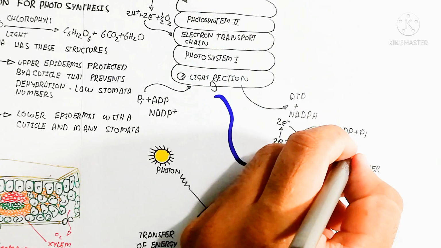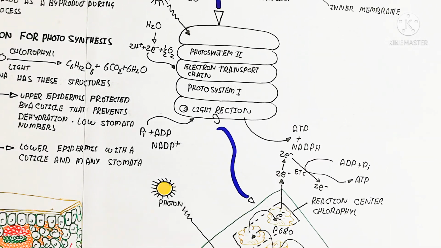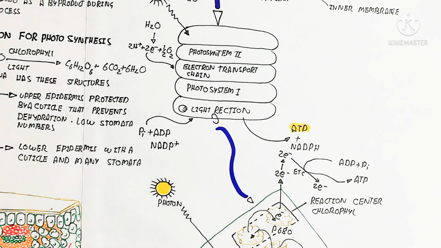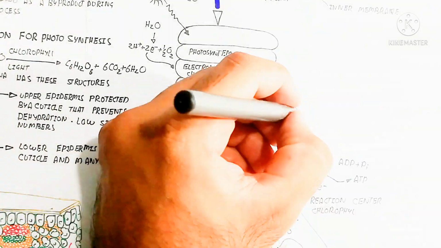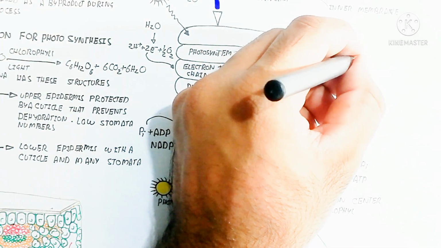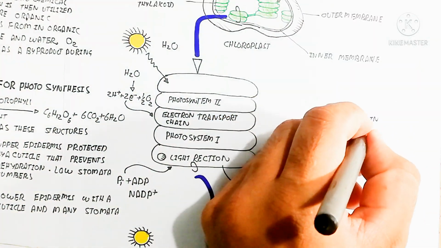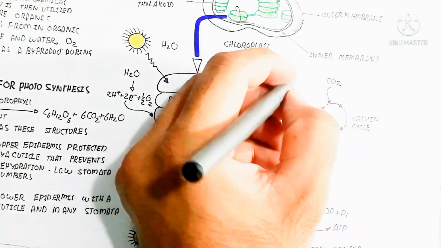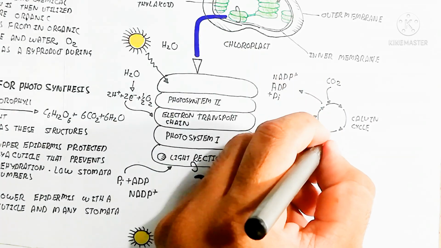After gaining this energy, the electron goes into the electron transport chain and gradually loses energy to produce ATP, and ADP is converted into ATP. After the electron has lost all its energy, the electron and proton are converted again into water.